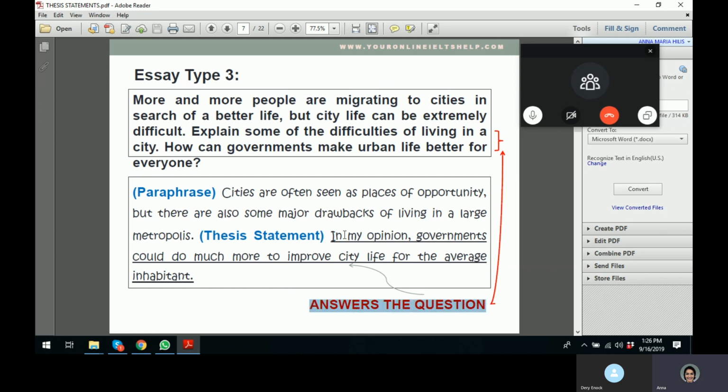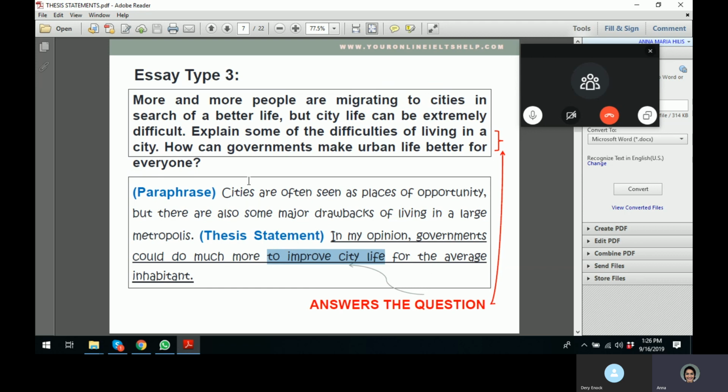In my opinion, governments could do much more, although in a general sense, to improve city life, the reason is here. So you always need to go back to the topic because you cannot not mention this part, to improve city life. You have to be clear. What are you talking about? And remember, the thesis statement gives focus to your essay.